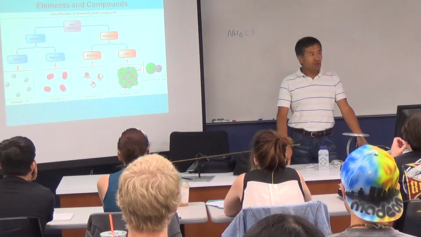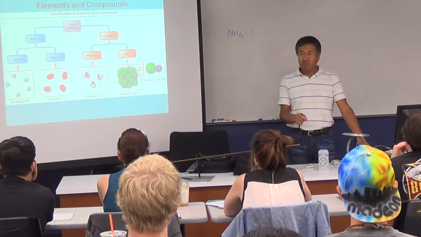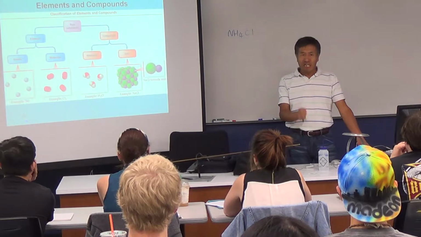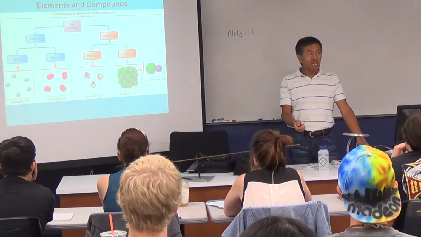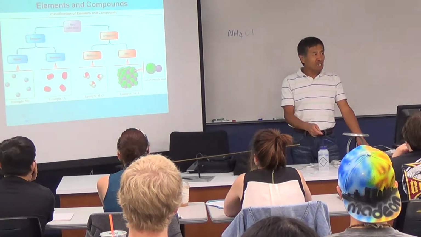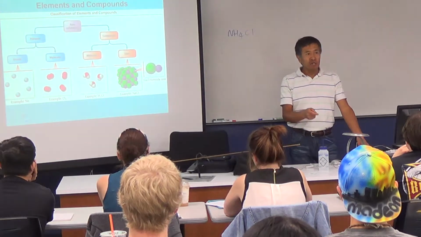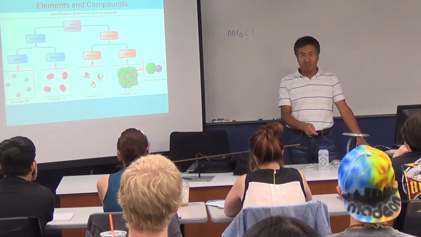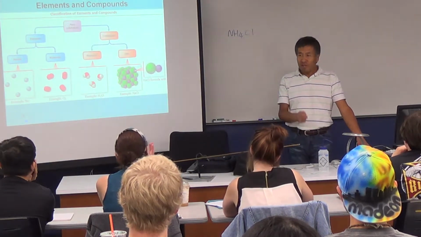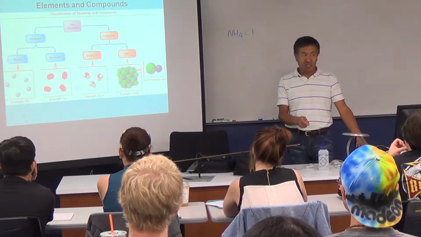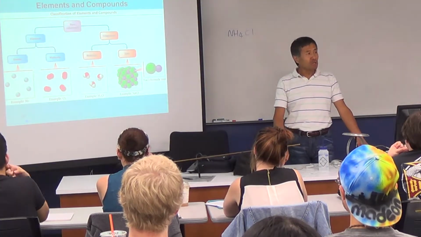So that only tells you whether the atoms in the material are the same or not. If the atoms in the material are the same, you know your matter or your material is an element. So then, in what way do those atoms exist in the material?